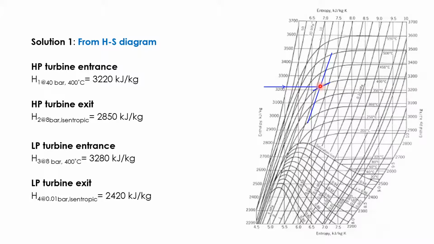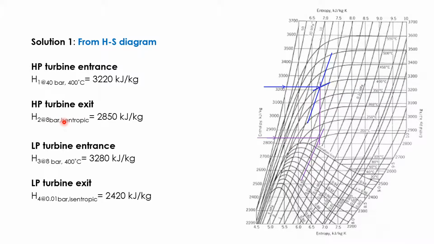Next, it exits at 8 bar, which is at this point, and the efficiency is assumed 100%, so we can find the enthalpy here. We can also get the enthalpy here. That will be enthalpy 1 when the steam enters the turbine. Enthalpy 2 is when the steam exits the first turbine.